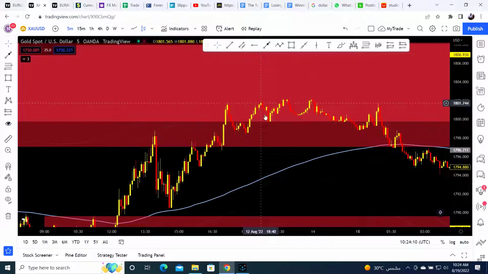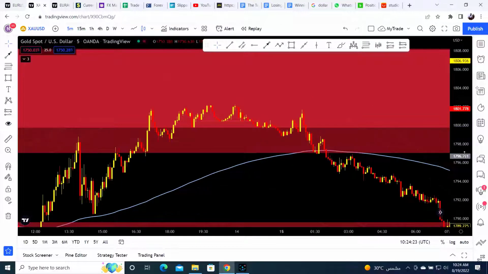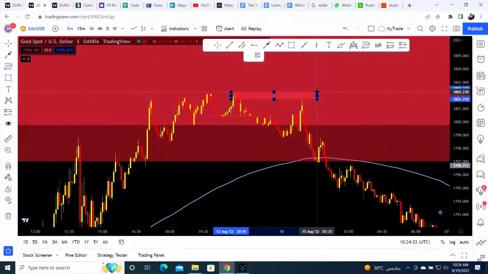Price came to this level, the same thing. Then we had this low that was broken by price over here. So you tell yourself, if the low was taken out by price, then it means we are changing direction in 5 minutes. So you draw your entry zone as this.